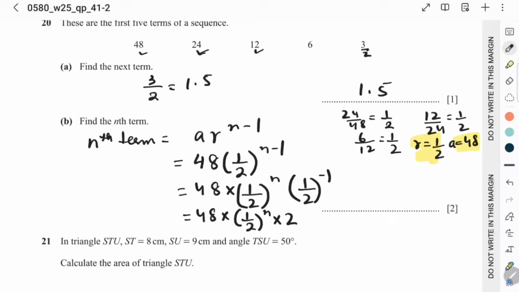Because 1 upon 2 to the power minus 1, you just reciprocate. 48 into 2 is 96. So the answer will be equal to 96 times 1 upon 2 to the power n. You can check with the help of the calculator and substitute the numbers for the terms and get the answers, that they are coming the same sequence.